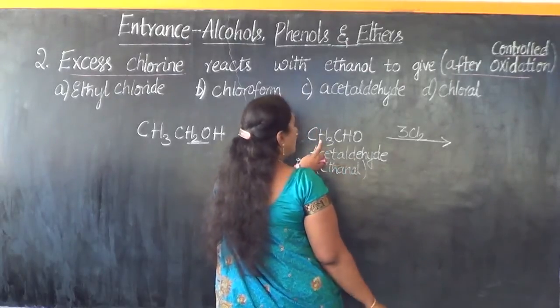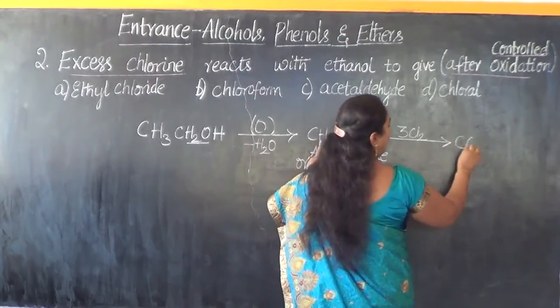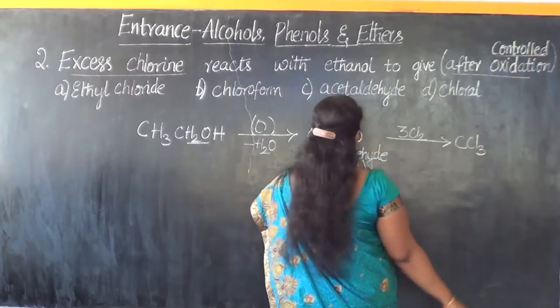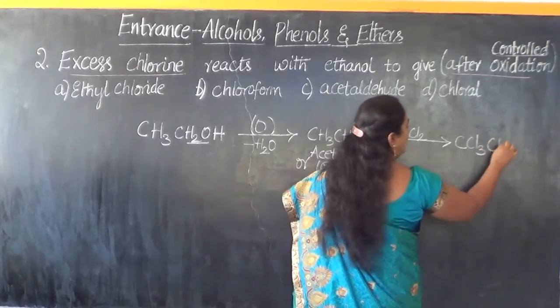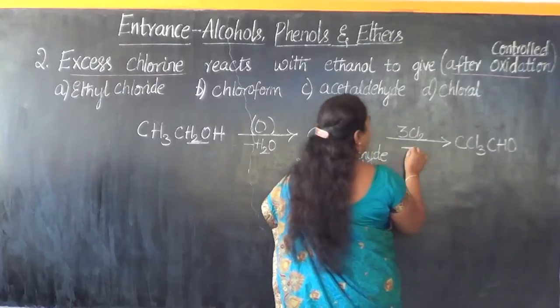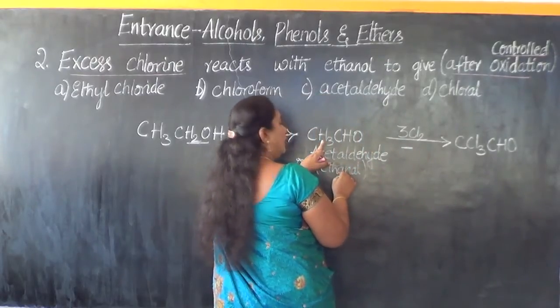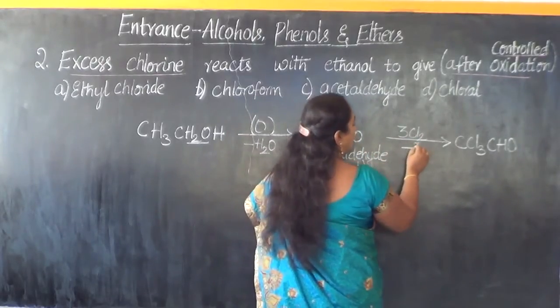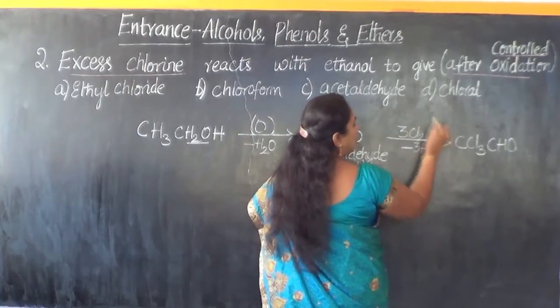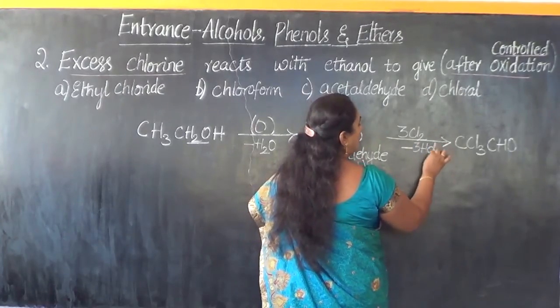Now what happens? All the 3 hydrogens will be replaced by chlorine and then the remaining will be CHO as it is. So what happens? All these 3 H will combine with 3 more Cl, and come out as 3 molecules of HCl.